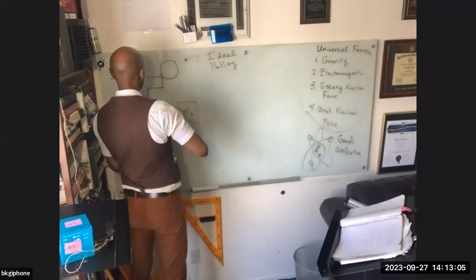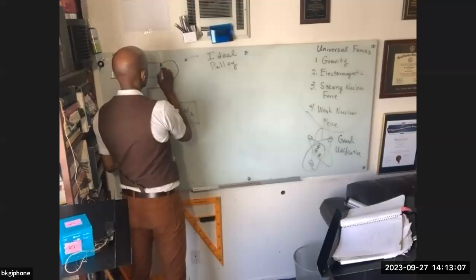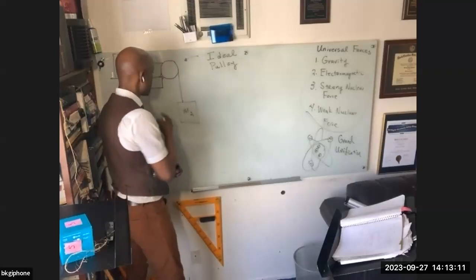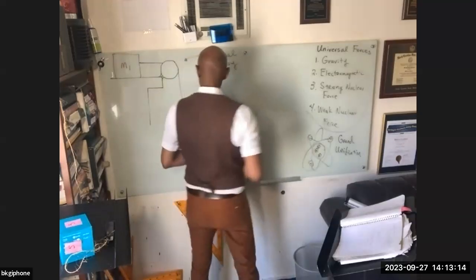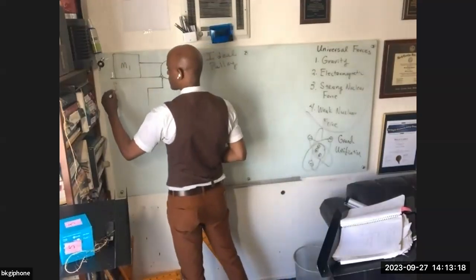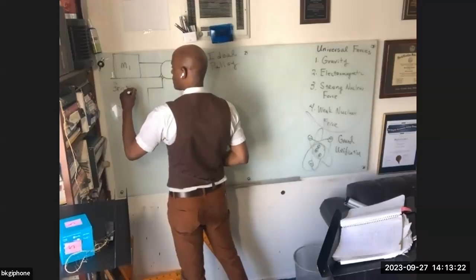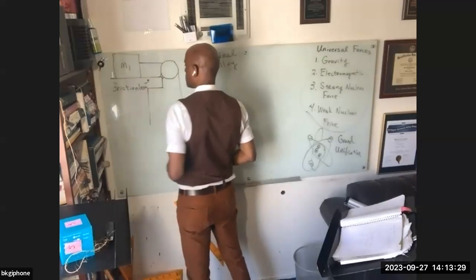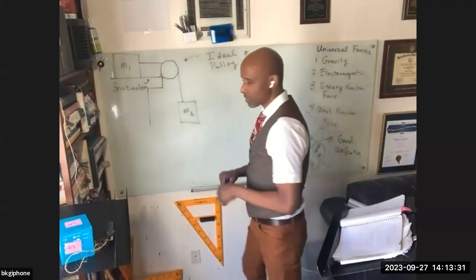And our pulley is mapped over the surface like this. Now, let's also assume that the surface of the table is frictionless for now. We'll put in friction early next week. Frictionless surface. And so that's our basic setup.